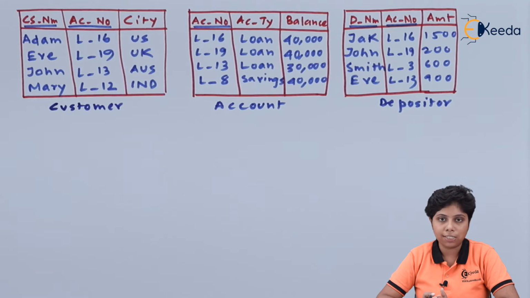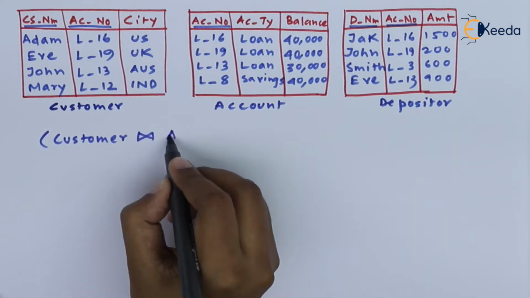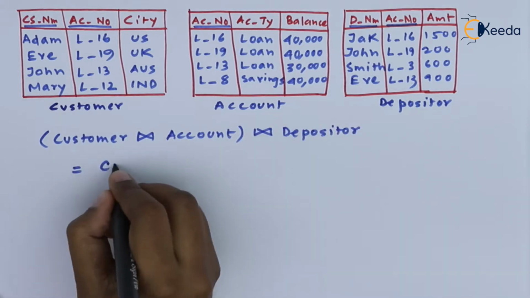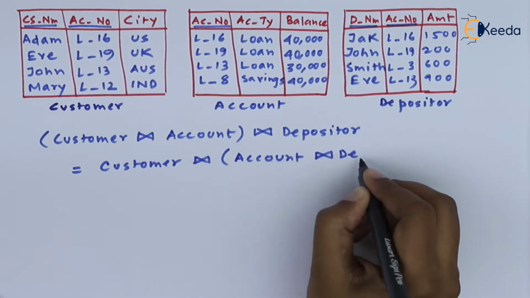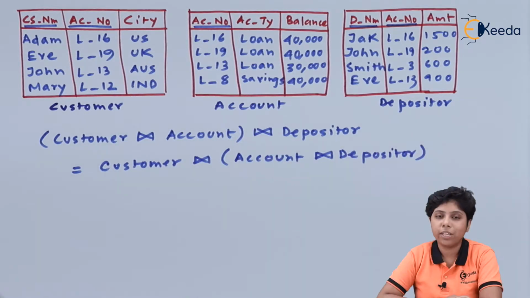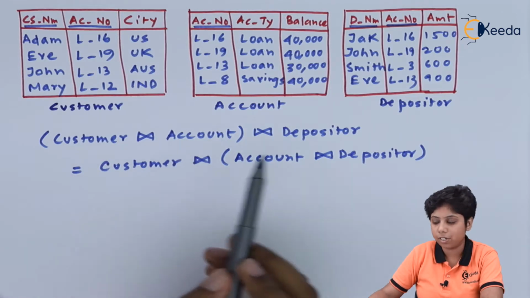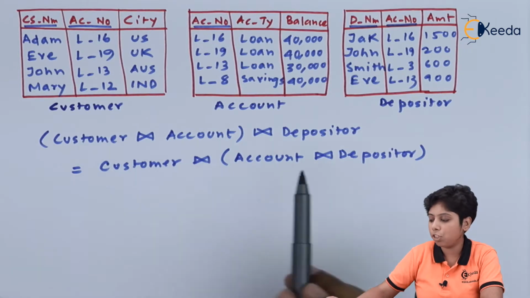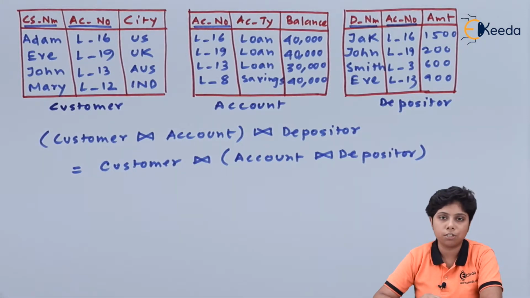Suppose we are saying, even if we first natural join customer and account and then join the result with the depositor, it will be exactly the same as if we join the account and depositor first, then the result with the customer.